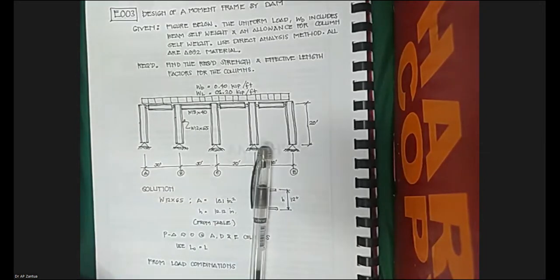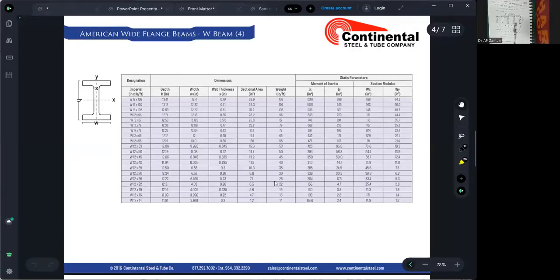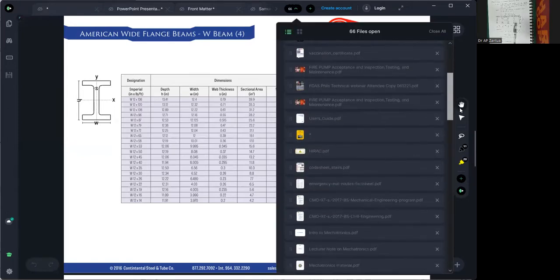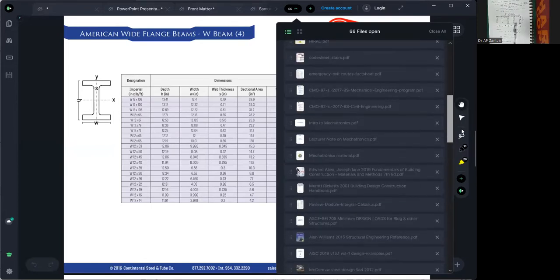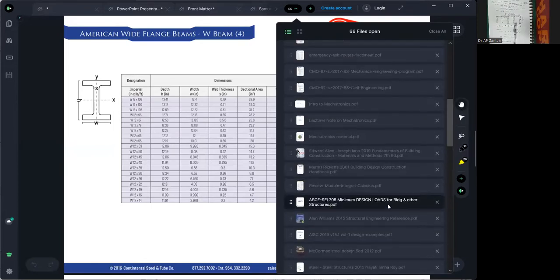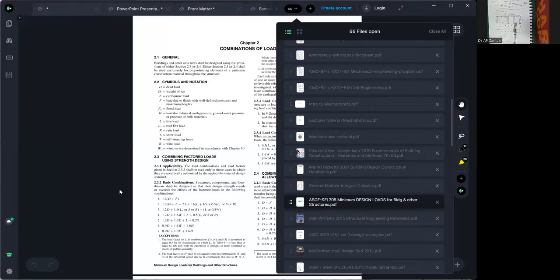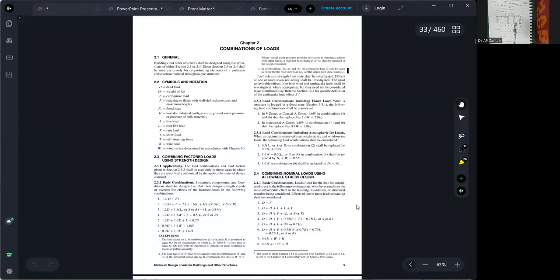So let's share the load combination of AISC. Let's look for the AISC. AISC here. Okay, so load combination.